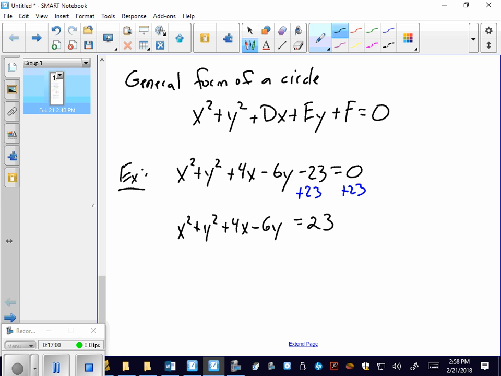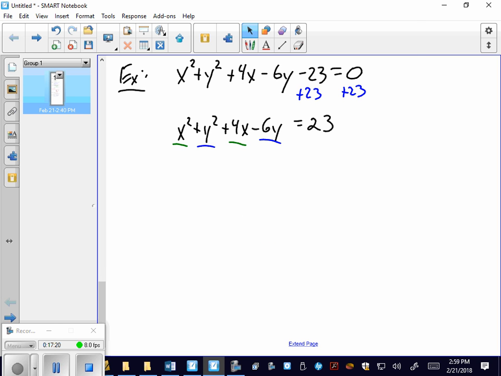Now we have to try and get it into the correct form. We're going to have to do completing the square two different times. What we need to do is regroup those two together, and then regroup these two together, because we've got to put the x's with the x's and the y's with the y's.